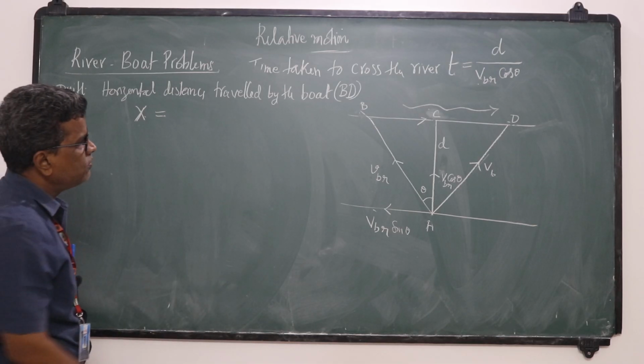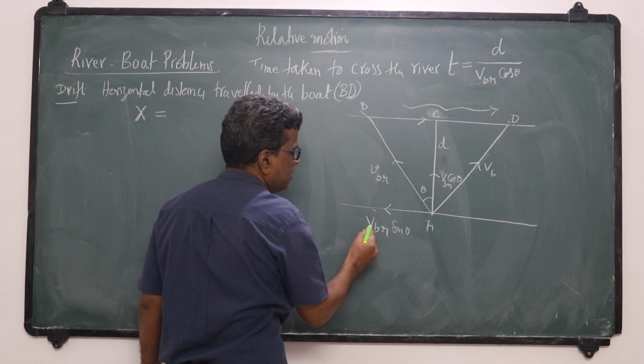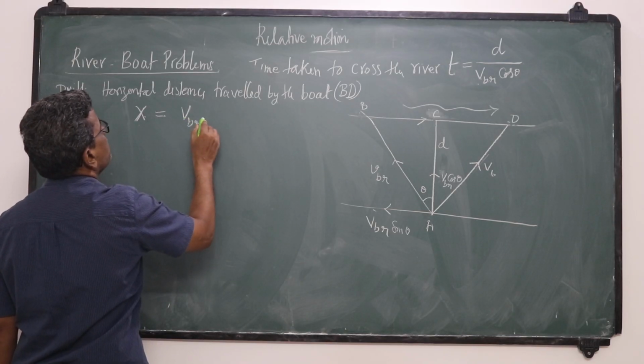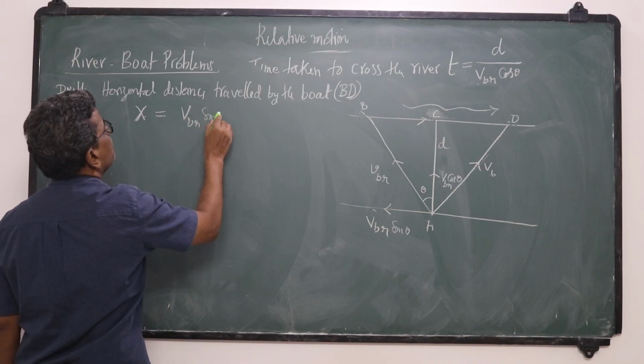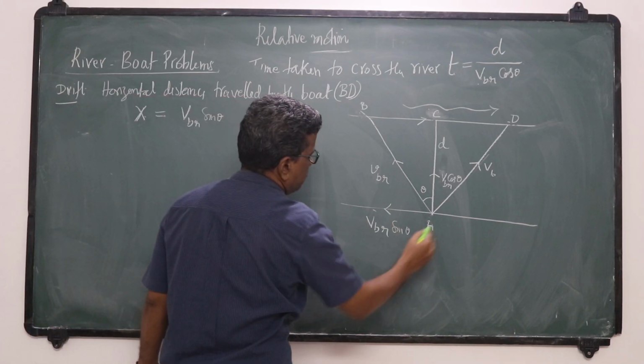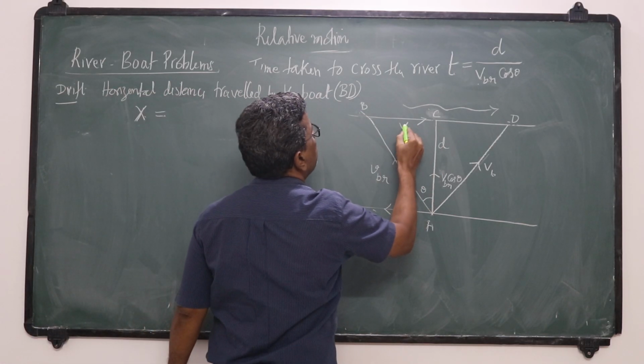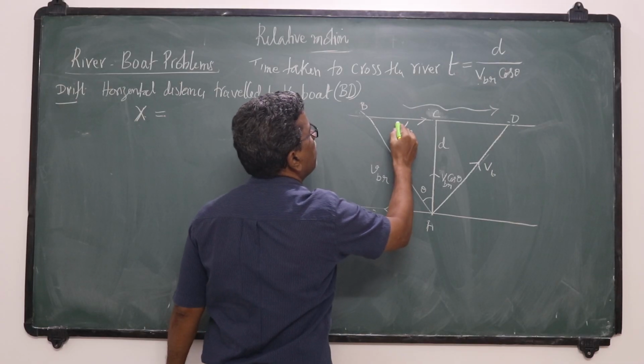That is equal to, the velocity direction is VBR sin theta. So VBR sin theta is in this direction, and VR is opposite to this.